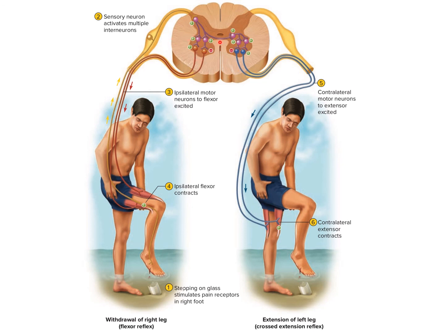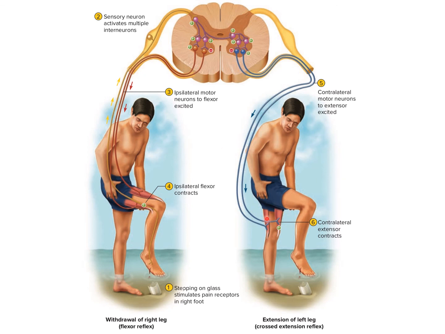These are all excitatory synapses in the beginning from the sensory neuron. However, this one is still going to do an excitatory synapse because it has the flexor to contract. However, also the extensor needs to be inhibited in order to allow you the contraction.